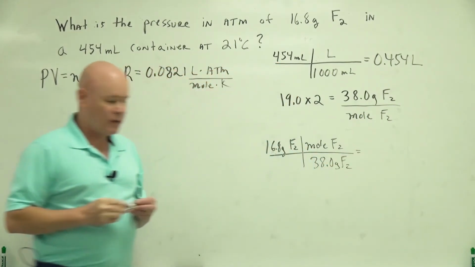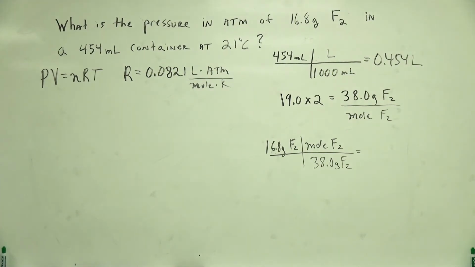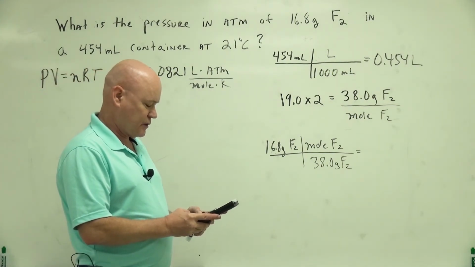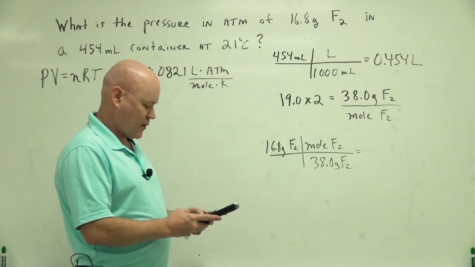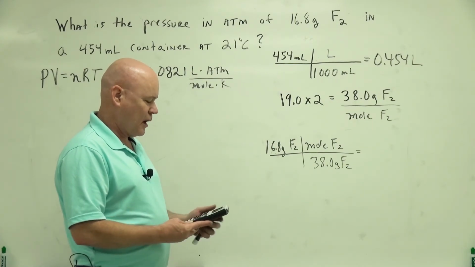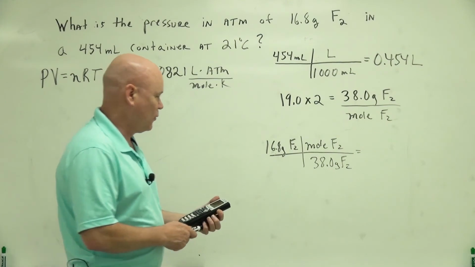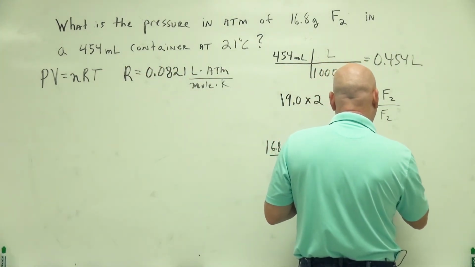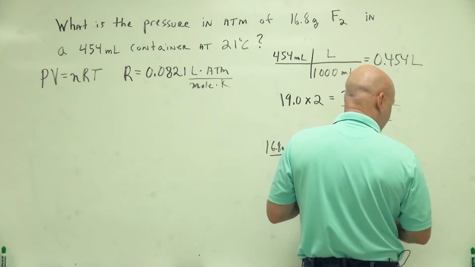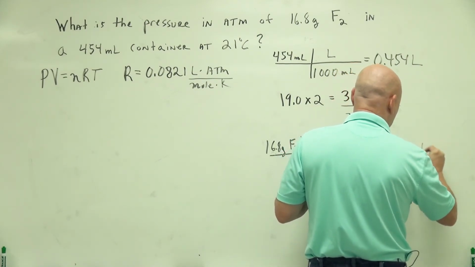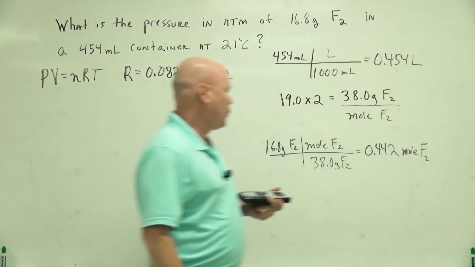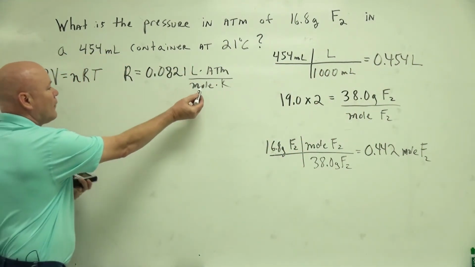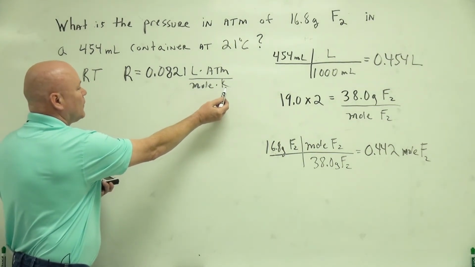Now I just need to put that in my calculator to get the moles of fluorine. So we have 16.8 divided by 38.0, and I get 0.442 mole fluorine.